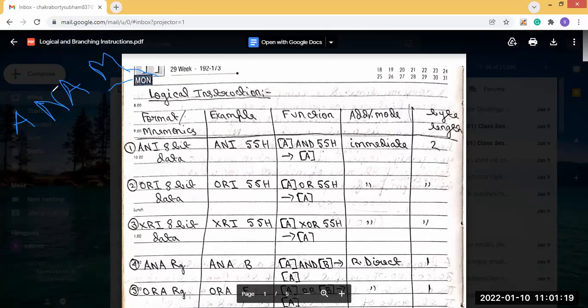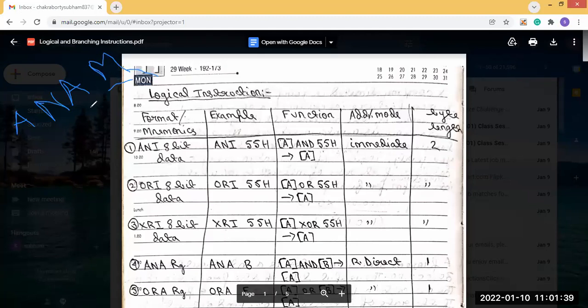So the length will be 1. If you remember, we have already discussed this in the arithmetic instruction case.